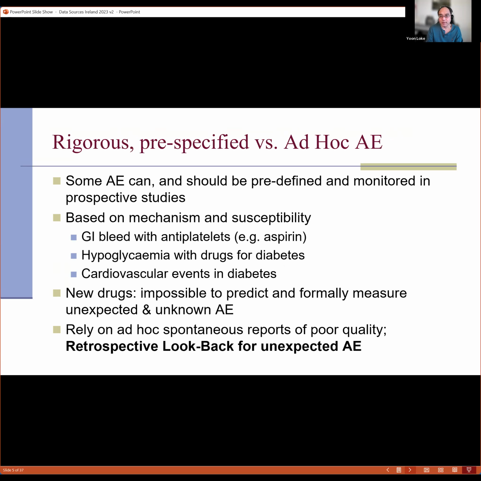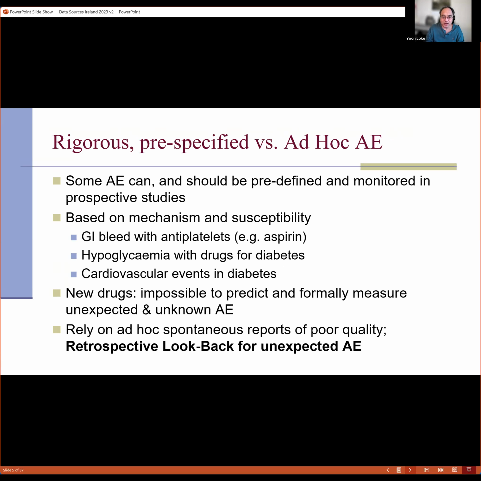Now, one of the things that might help you is that, depending on the intervention, some adverse events can be defined and pre-specified in the protocol as a primary or secondary outcome, or they could be adverse events of special interest. And these could be prospectively monitored and captured.